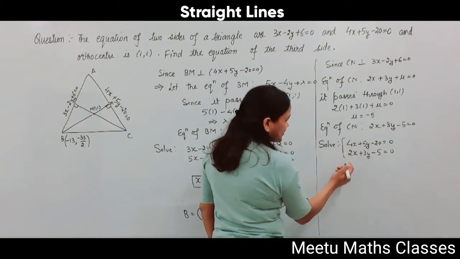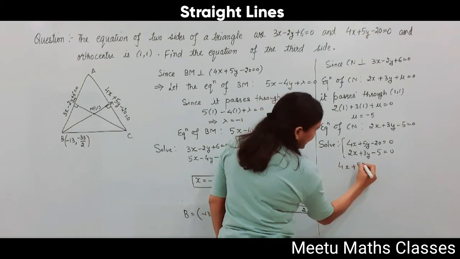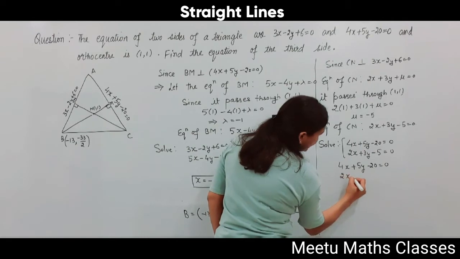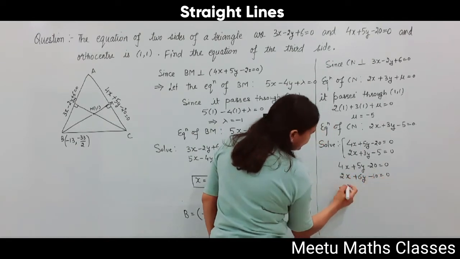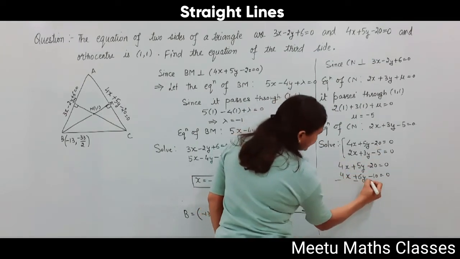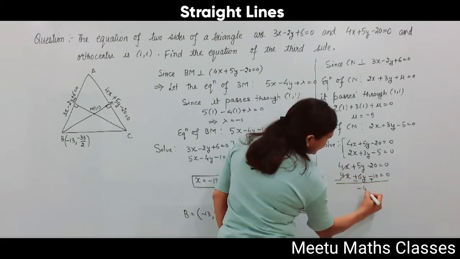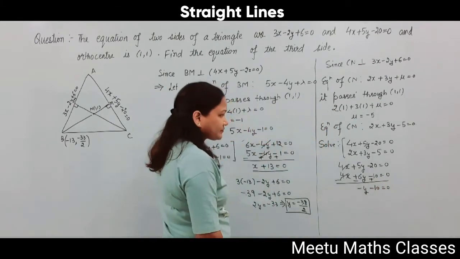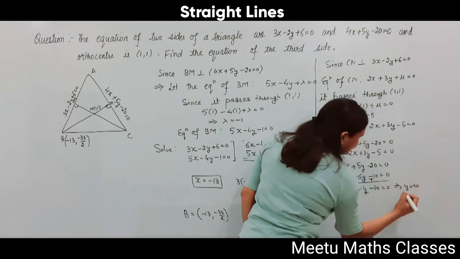To use elimination, multiply the second equation by 2, so 4x plus 6y minus 10 equals 0. Now subtracting, we get minus y minus 10 equals 0, and that will be y equals minus 10.